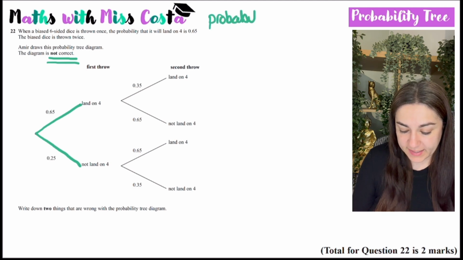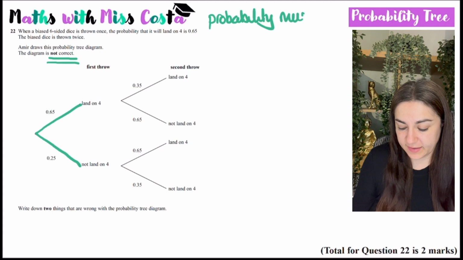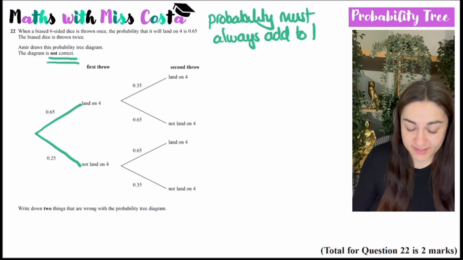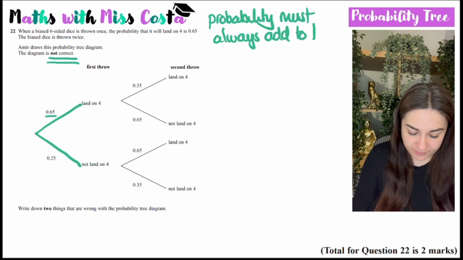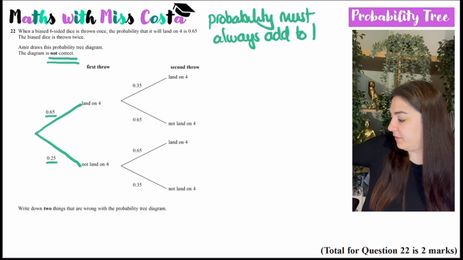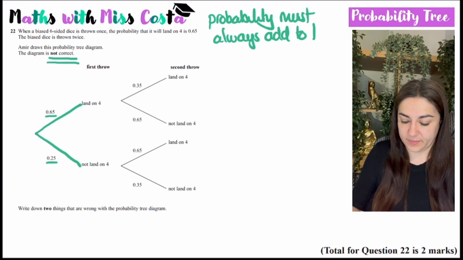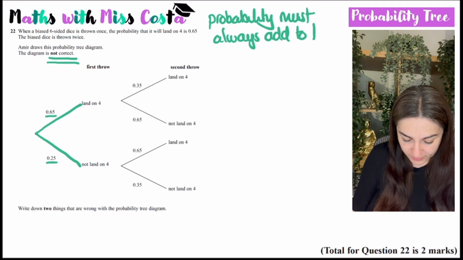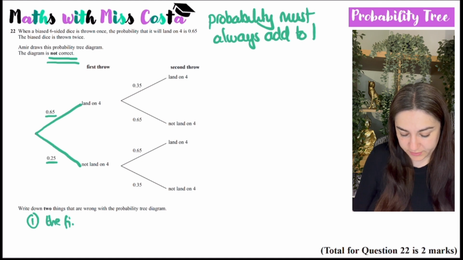So probability must always add to 1 when we're dealing with mutually exclusive events. And 0.65 plus 0.25, does that add to 1? 0.65 plus 0.25 gives me 0.9. So the first branch is incorrect.